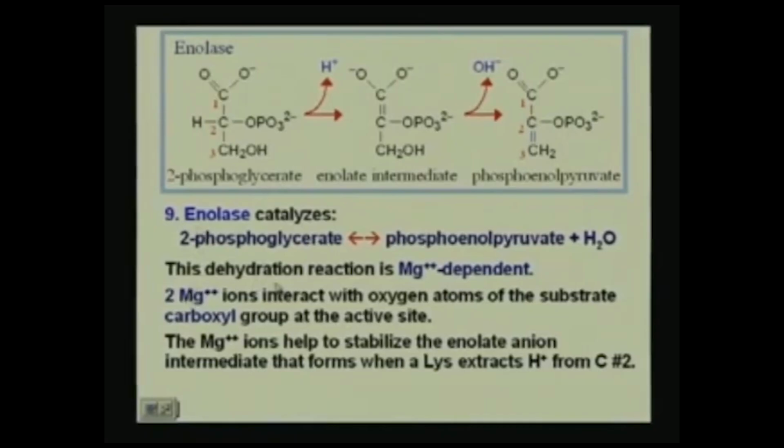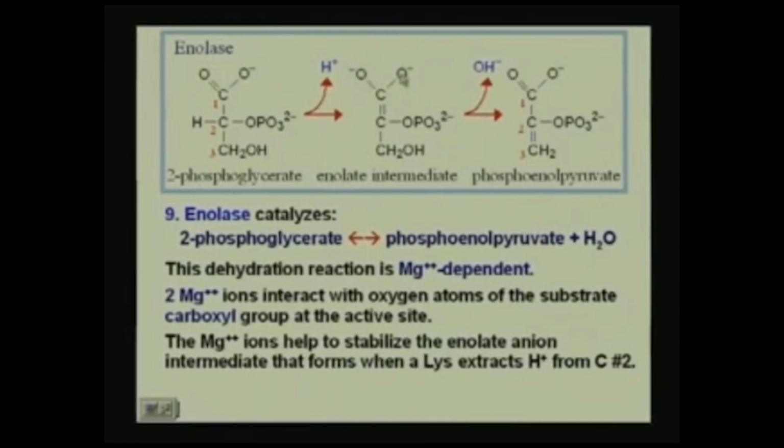But there are some other notes here: the dehydration reaction is magnesium dependent. The two magnesium ions interact with oxygen atoms of the substrate carboxyl group at the active site. So what happens is we have a magnesium interacting with the oxygen atoms of the carboxylic group of 2-phosphoglycerate. That helps stabilize.